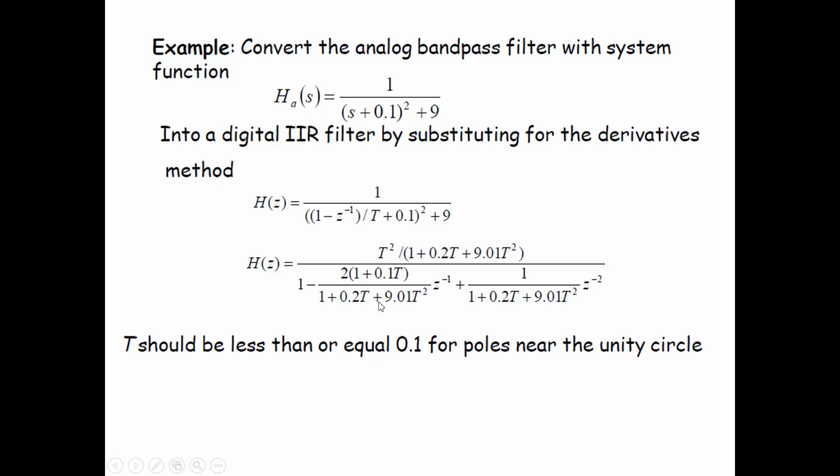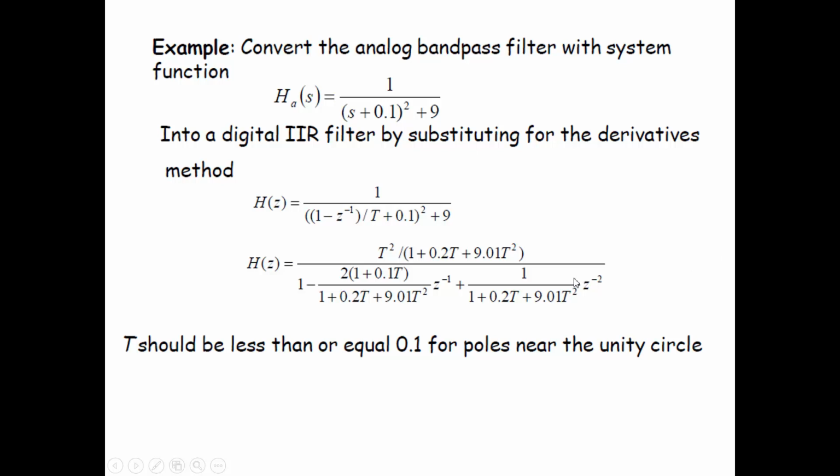Now if you solve it further, you will see the final transfer function in the z domain, that is the equivalent digital filter H(z), will be equal to this expression.